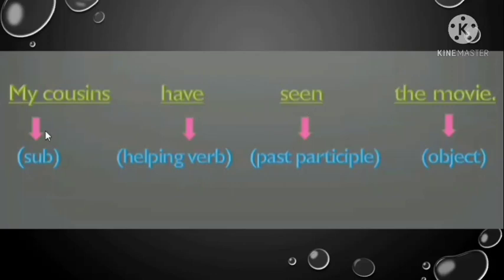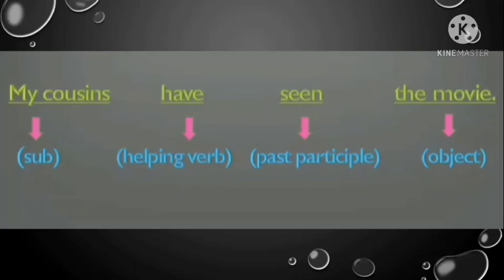So this is the structure to form the present perfect tense: subject, helping verb has or have, followed by the past participle of the verb, and then the object. So we can say that the present perfect tense is used to talk about an action that happened in the past, but when it happened is not known.